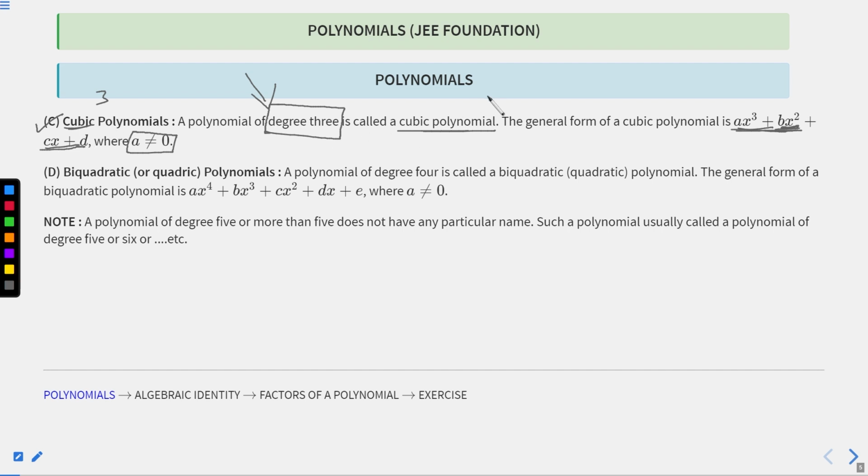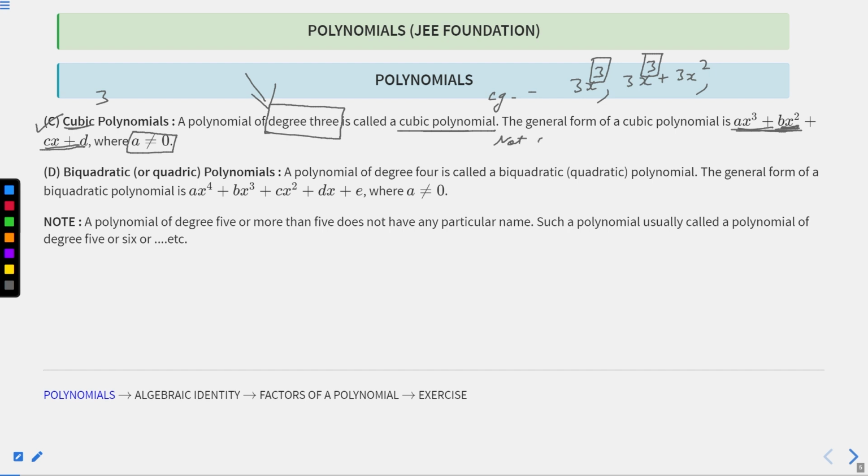For example, 3x cube is my cubic polynomial. 3x cube plus 3x square is also my cubic polynomial, because in all these polynomials my degree remains equal to 3. The degree means the highest power of x.